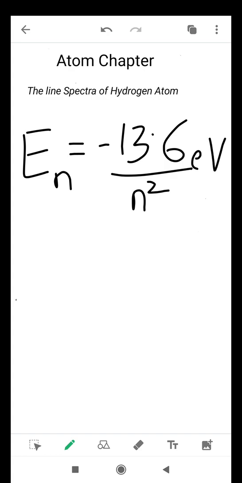This is the total energy of an electron in an orbit of hydrogen atom. The negative sign indicates that the electron and the nucleus form an attractive system, called a bound system. The electron is bound to the nucleus.